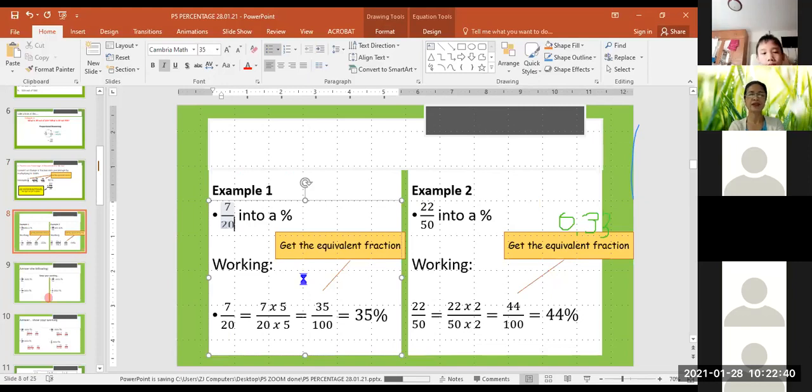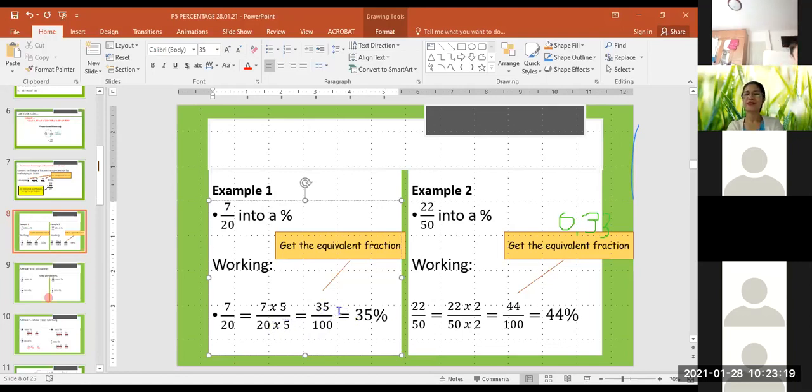So I think we did this last time. You are simply again going to think of the factors of your 7 and 20. So 7 times 5 is 35, because vice versa, if you divide 35 by 7, you get 5, and the same way, for 20, you have to think of the factors of 20 to be able to get 100. So that would be 5.